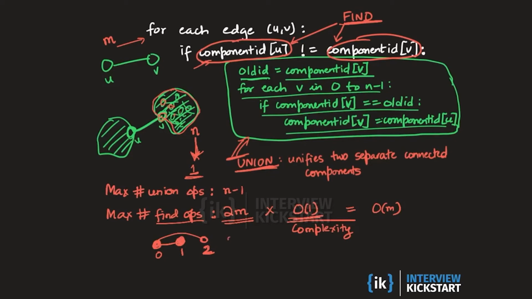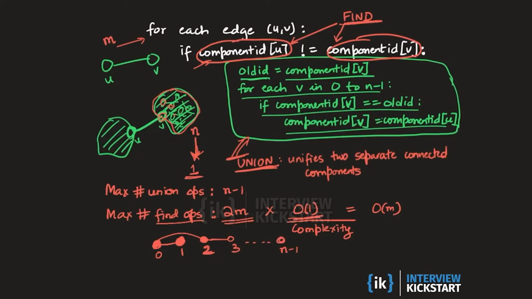And then when vertex 3 comes in, let's say 3 has an edge to 2, and 3 convinces 2 to change its religion, and so you have to change the component IDs of all three vertices 0, 1 and 2 to basically 3. And so this process could continue until when vertex n-1 comes in.